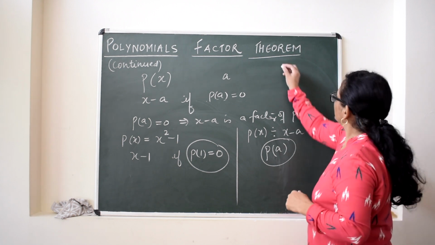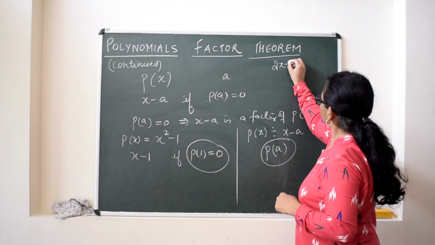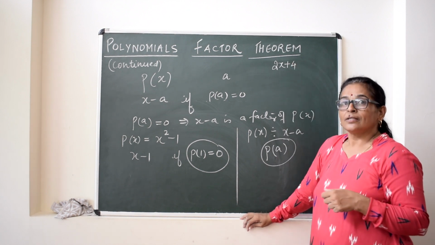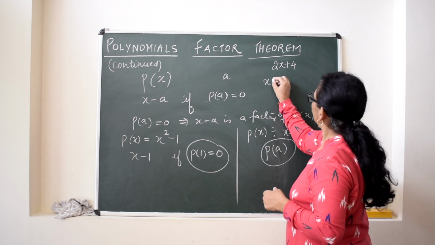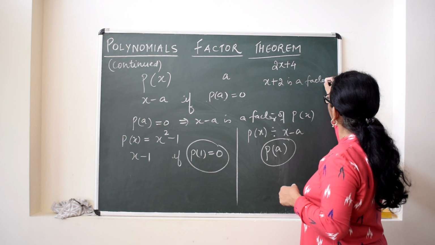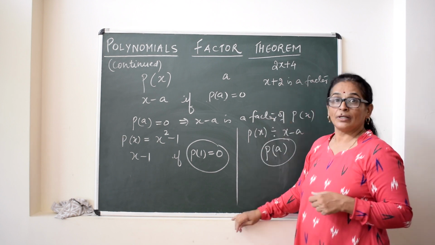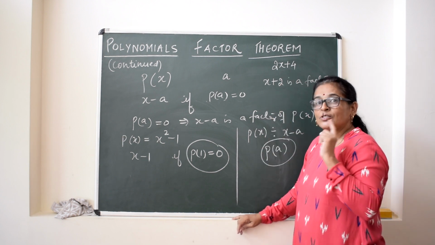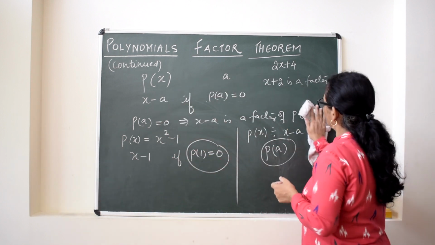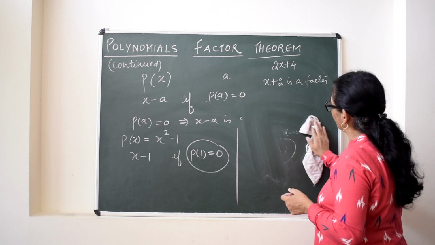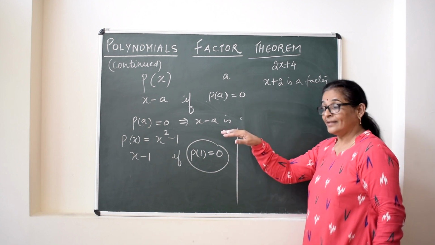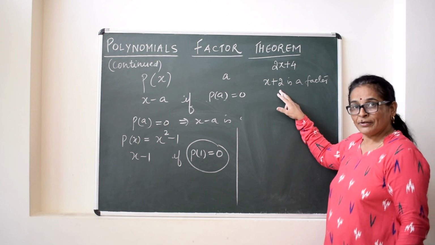For example, check for the given polynomial 2x plus 4 whether x plus 2 is a factor of this given polynomial or not. First of all, what will we do? We will check with the help of the remainder theorem whether the remainder is 0, then this x plus 2 will be a factor.